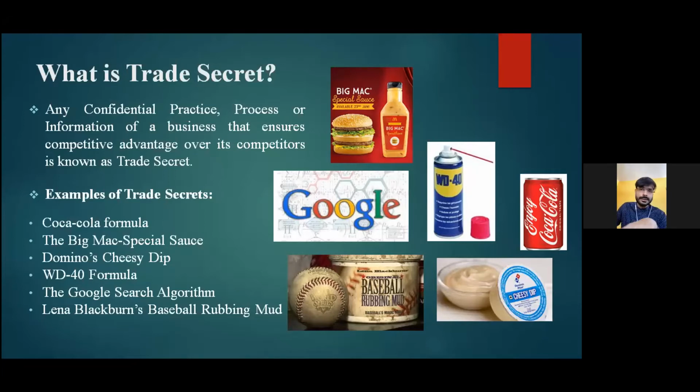Other than this, the recent law in the US is the Defend Trade Secrets Act of 2016. They also have an Espionage Act, which provides criminal remedies for the protection of trade secrets.